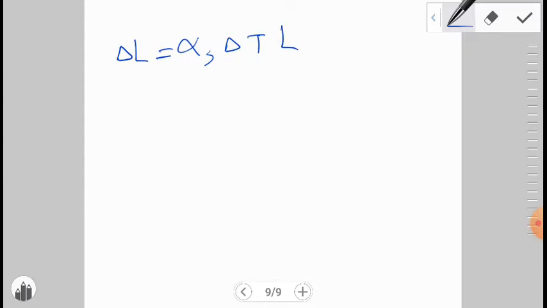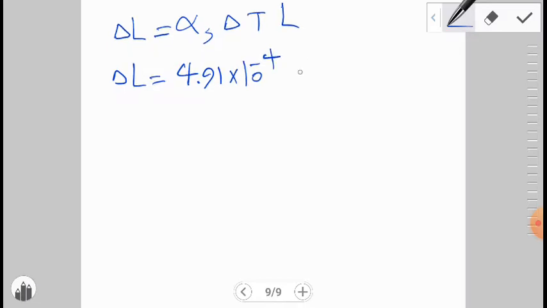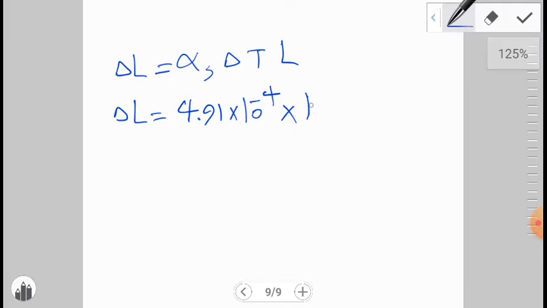We say that delta L is equal to alpha S delta T. In the previous section we found 4.91 times 10 to the minus 4 times L, 10 meters, converted to millimeter.